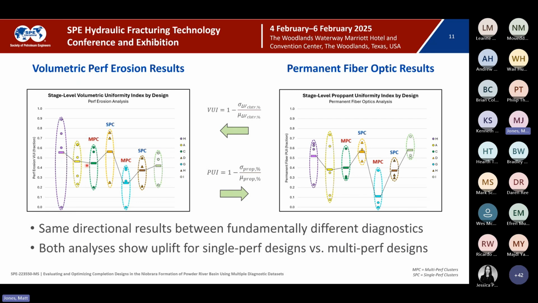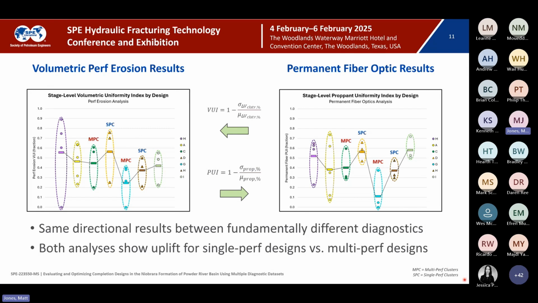A and C are very similar. For pair 1, C and D, we see the uplift going from multi-perf cluster to single perf cluster. Going from pair 1 to pair 2, we see the decrease again, but we see another uplift going from multi-perf cluster to single perf cluster. I is still a bit of an outlier. So directionally, it's exactly the same between the acoustic perf imaging results and permanent fiber optic results.